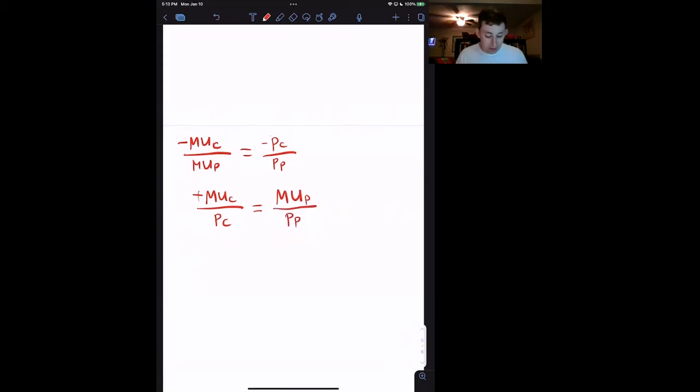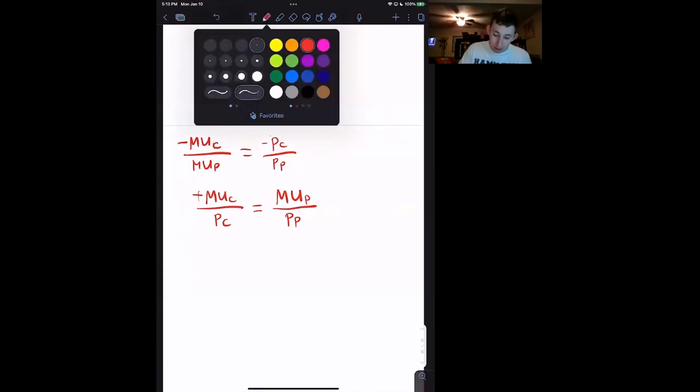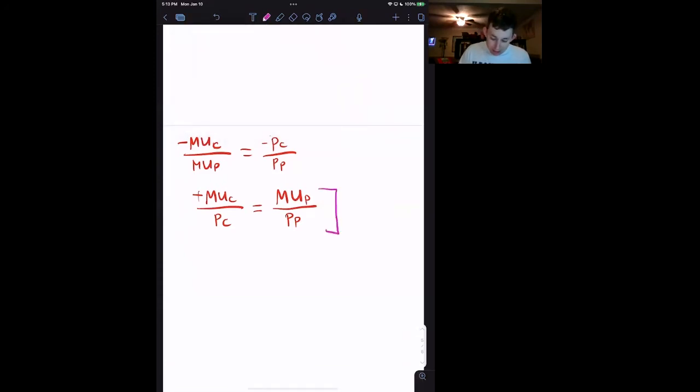Now you might be wondering, what does this mean? Why did I do this? This equation here, this is what we call bang for buck. This means if I spend an extra $1 on Coke, how much better off am I going to be by spending that extra $1 on Coke?